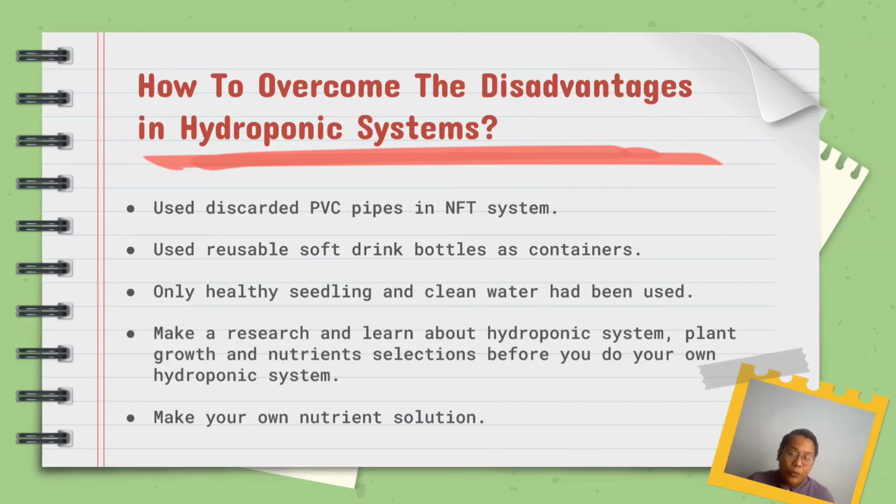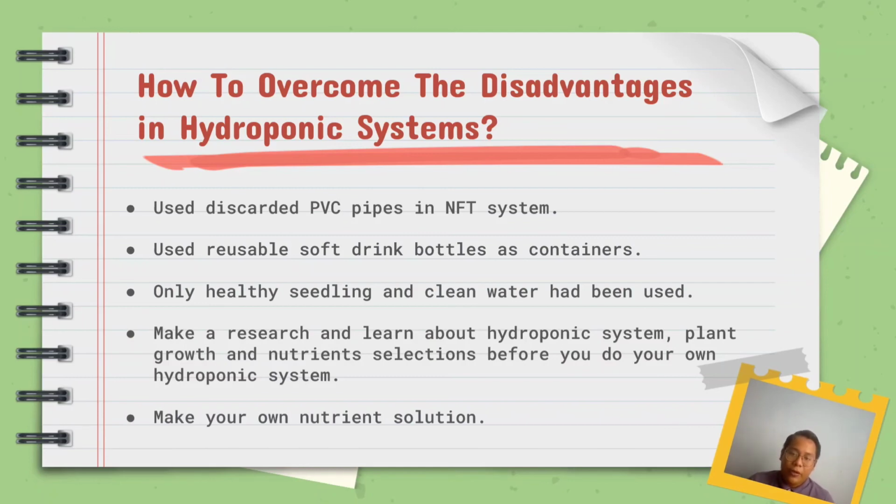If you just do it without knowing the principle of the hydroponic system or the nutrient selection that your crops need, this system cannot work and your crops will die easily. So before you do your own hydroponic system, you need to do a little bit of research about it.